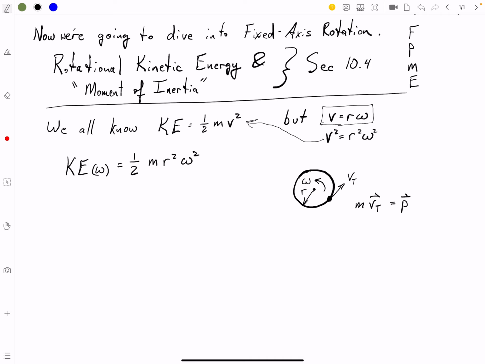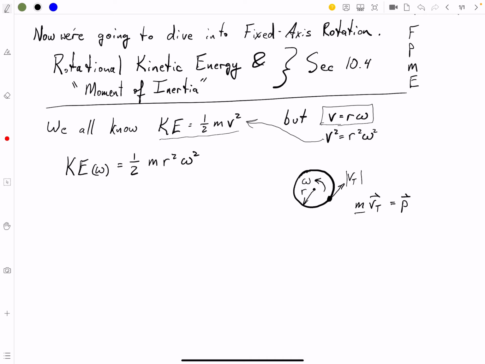Sweet. That's what happens. This mass wants to go there, and if we want to find the kinetic energy of that object, all we have to do is figure out what its velocity is at any given amount of time. And of course, we're going in a circle, so that means the magnitude of the velocity doesn't change.